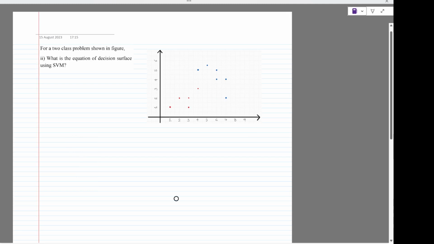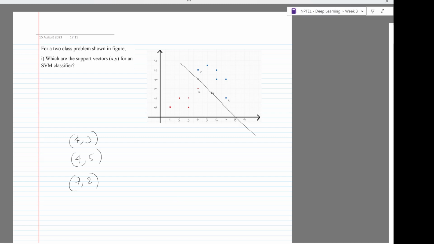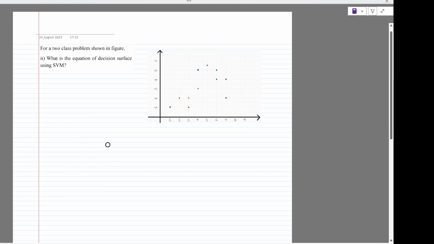What is the equation of the decision surface using SVM? So what we can do is we knew what the points were, right? These are the points. We have been asked the equation of the decision surface.